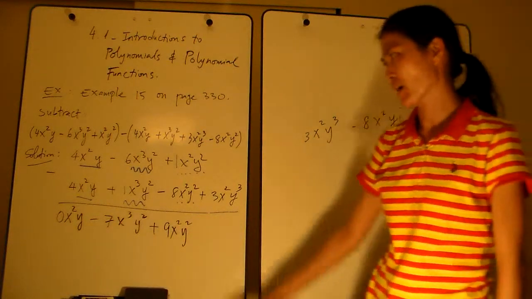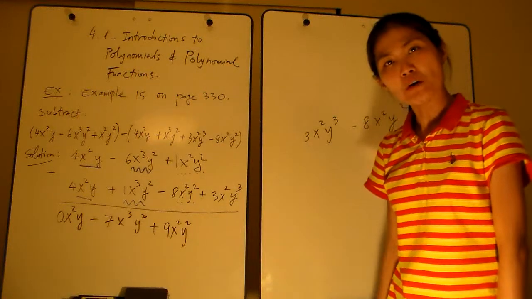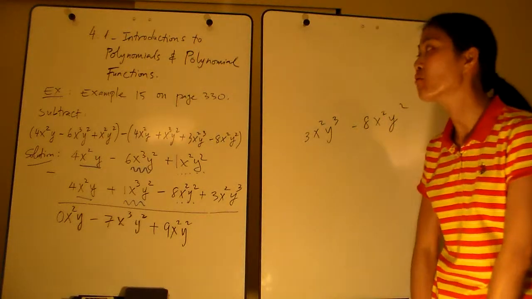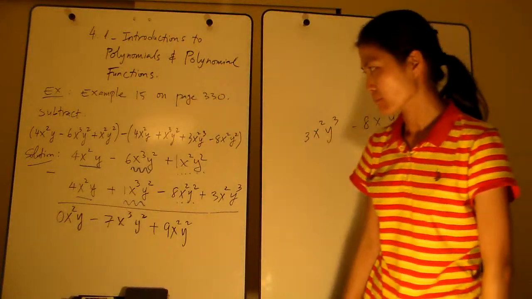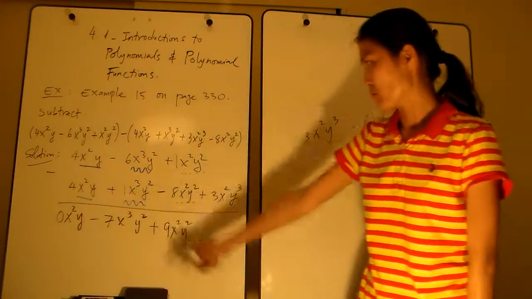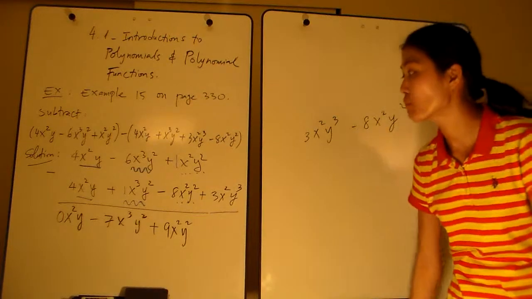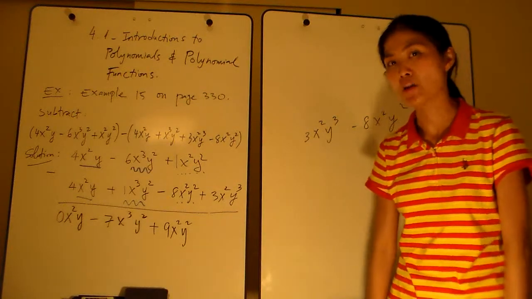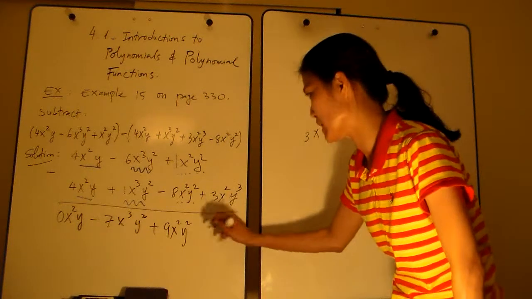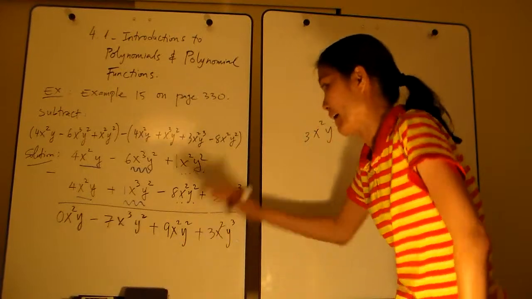Alright, so far we took care of this term, this term, this term. We're done with the first polynomial, but we're not done yet with the terms of the second polynomial. We're left with this last term of the second polynomial. Now, some of you may say the answer is plus 3x squared y to the third, right? Because you cannot combine any further.